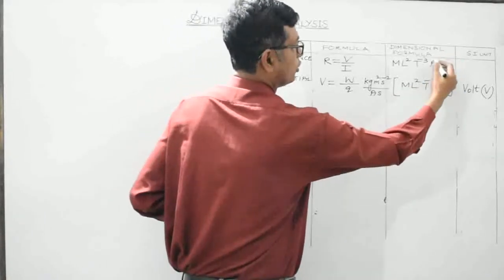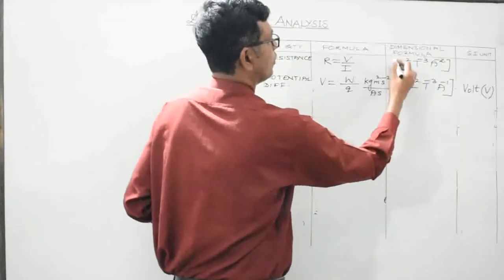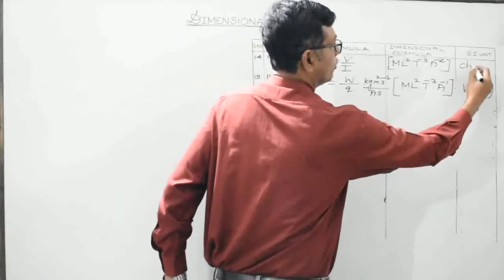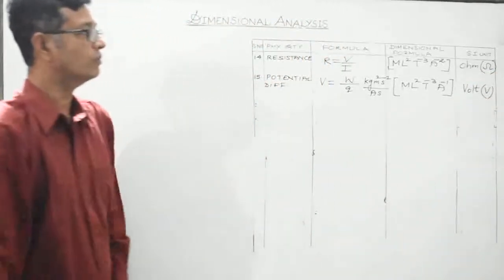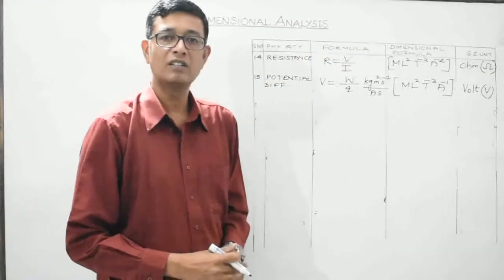So we'll get A to the power minus 2. This is the dimensional formula for resistance, and its SI unit is ohm, represented by this particular symbol, right? You must have done it in class 10 in the unit electricity.